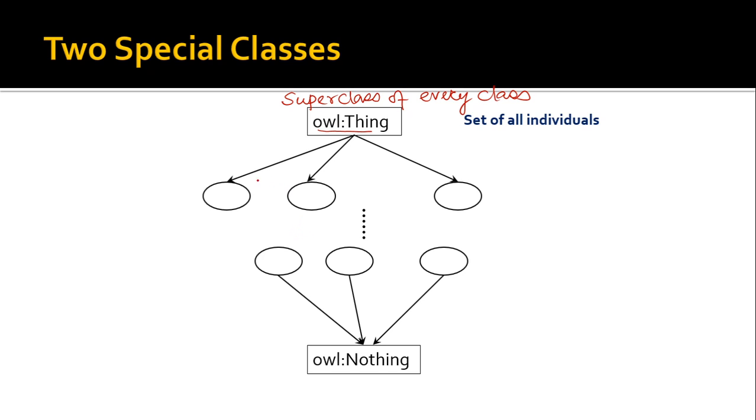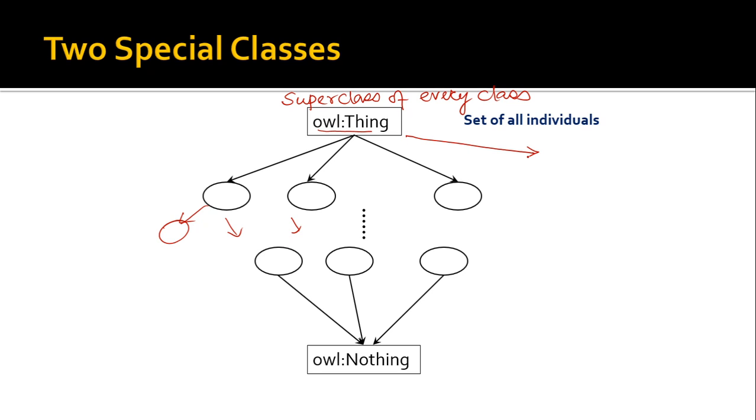So you can see you have a class hierarchy. You can have something like this, then this, and so forth, right? Everything, by the rule of transitivity, is a subclass of this OWL thing class. So in that sense, whatever individuals you may have, they are members of this thing class.